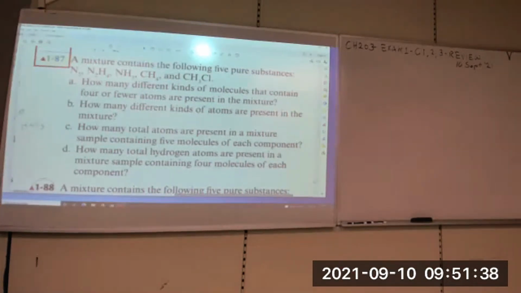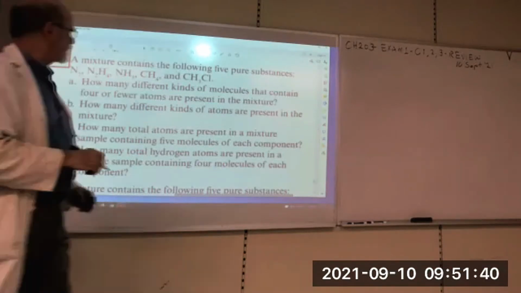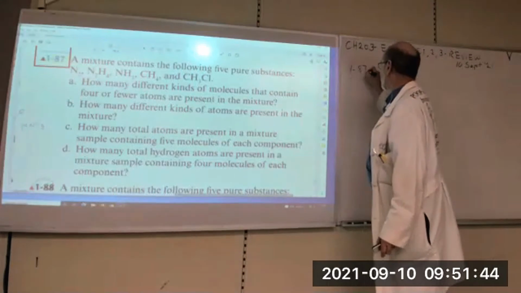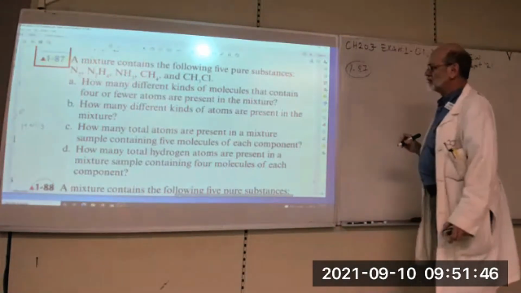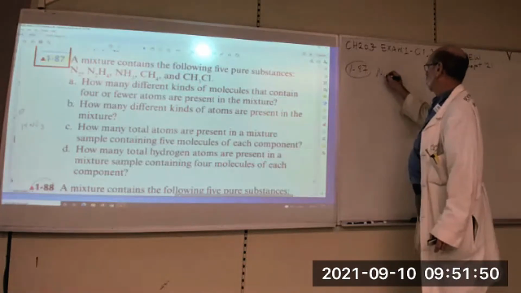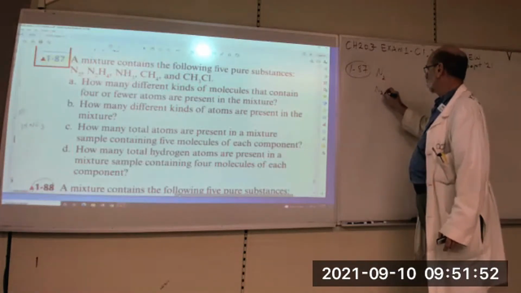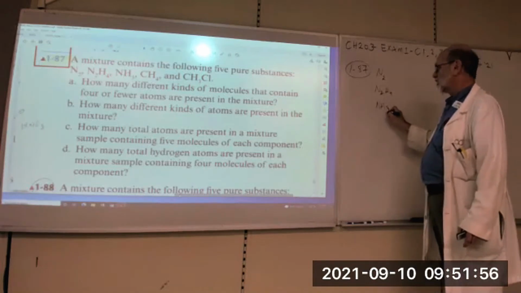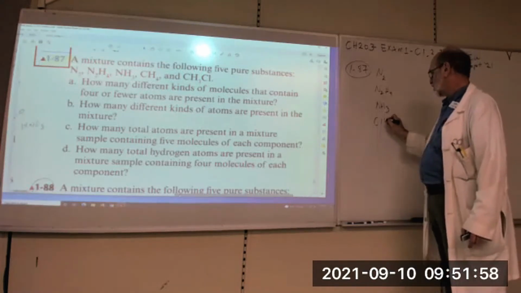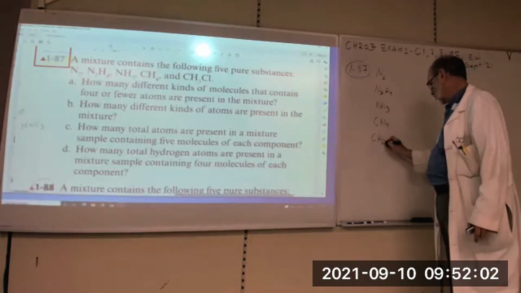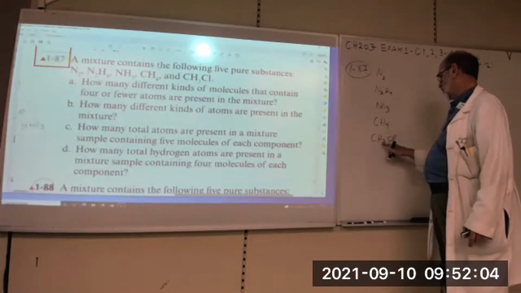A mixture contains the following 5 pure substances. I guess we better write them up here: N2H4, NH3, CH4, and CH3Cl.